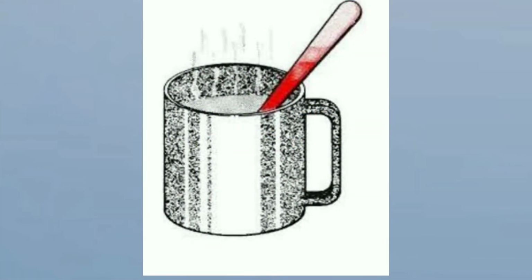If we hold one end of a metal spoon which is placed in hot water, then its other end becomes hot very soon. This is because the metal of the spoon conducts heat from one end to the other end very quickly. And we say that the metal spoon is a good conductor of heat.